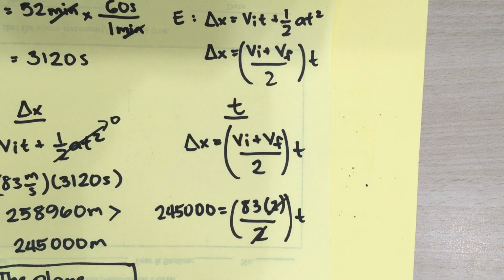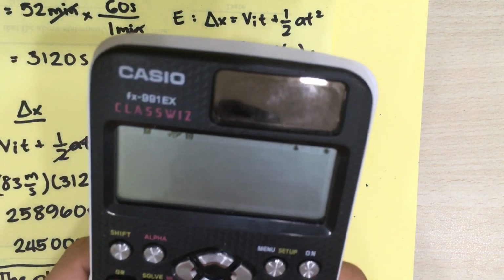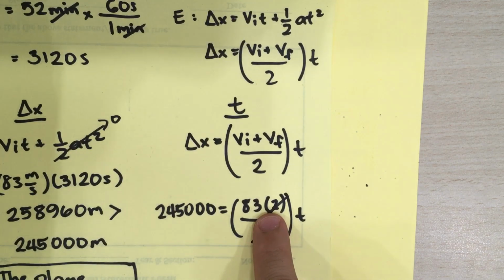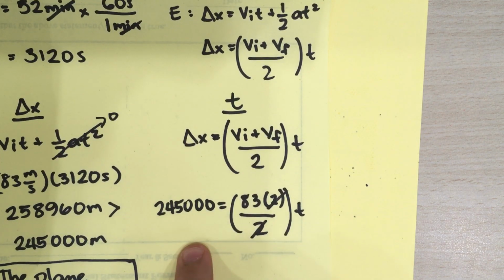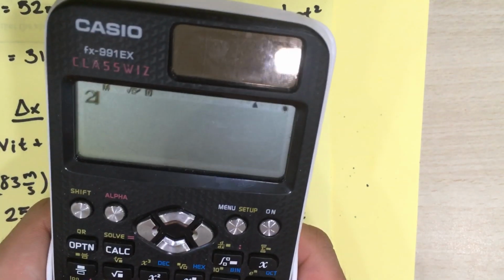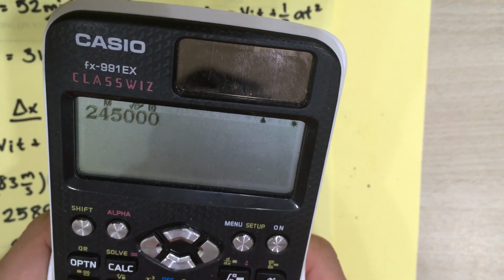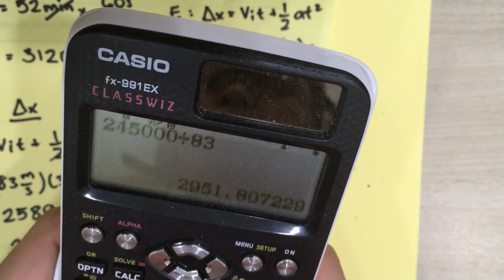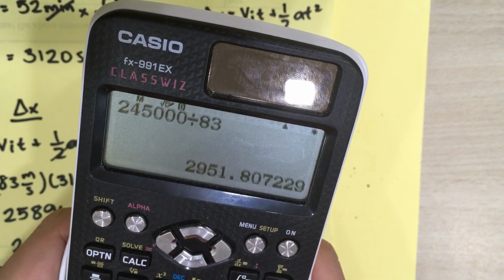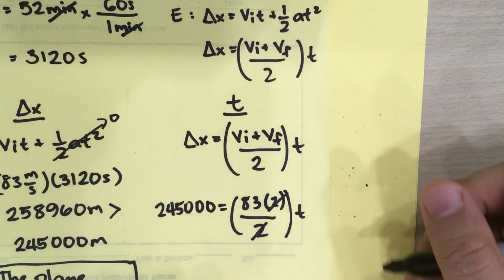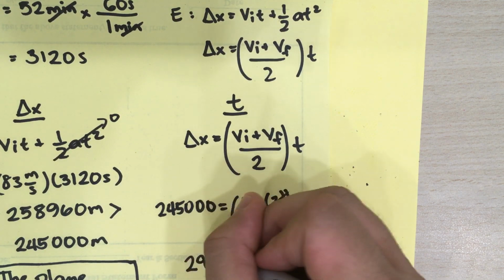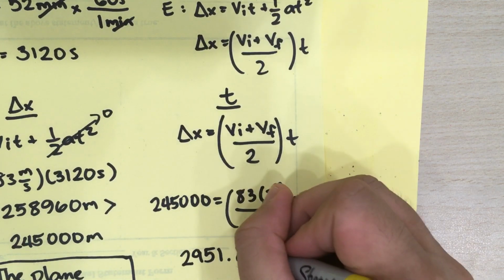So 245,000 is equal to 83 times t. One way we could do that would be 245,000 divided by 83, because this is simply going to go as the denominator. Okay, so 245,000 divided by 83 gives me 2951.8 seconds.